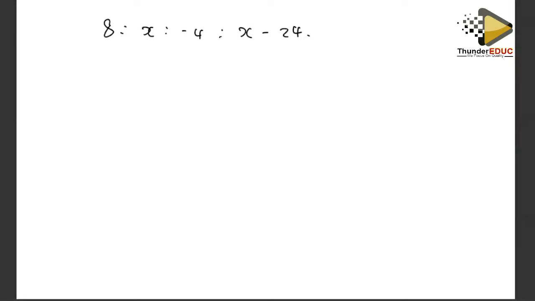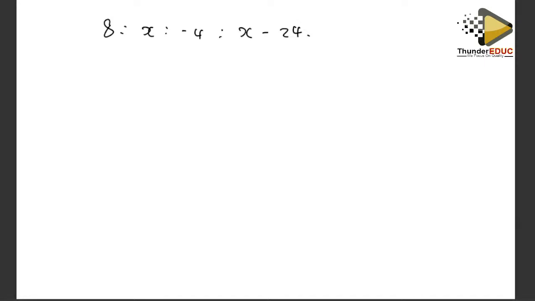Remember, they told us it is a quadratic. So what do we know about a quadratic sequence? We know that it has 2 differences. The first difference forms an arithmetic sequence, the second difference is constant, okay?